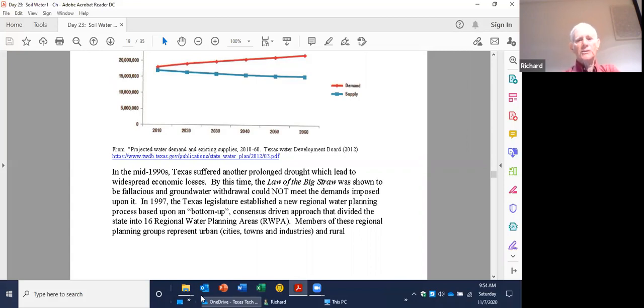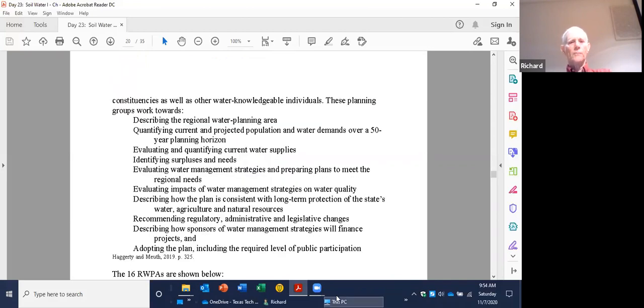The Texas legislature had this approach, and they divided the state up into 16 regional water planning areas. RWPA is for that. The members of these regional planning groups represent urban, cities, towns, industries, and rural constituencies, as well as other water knowledgeable individuals.